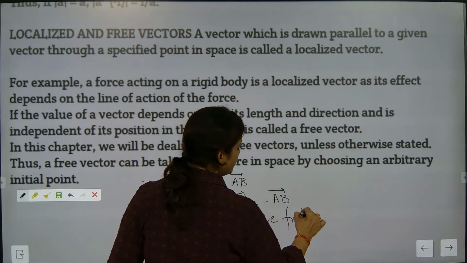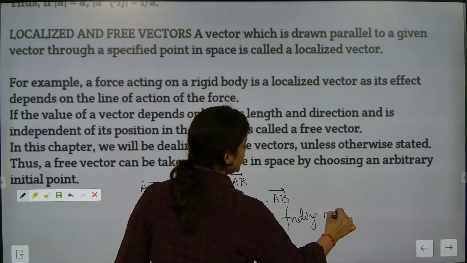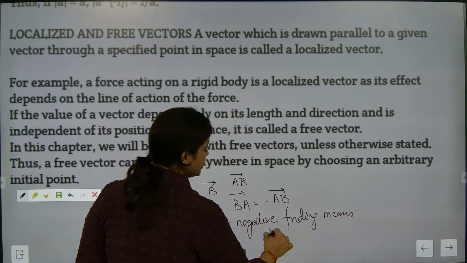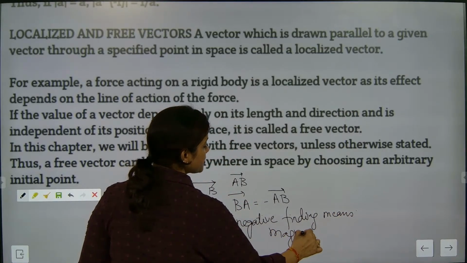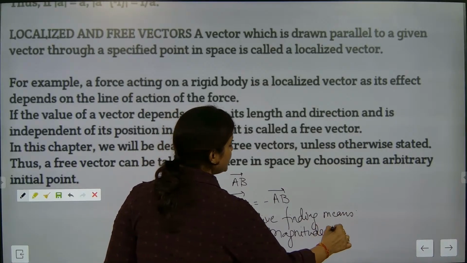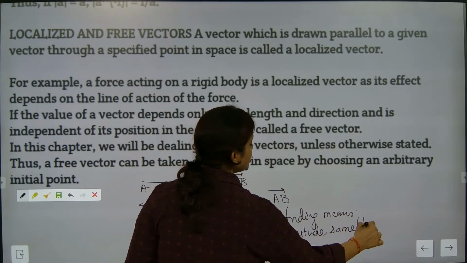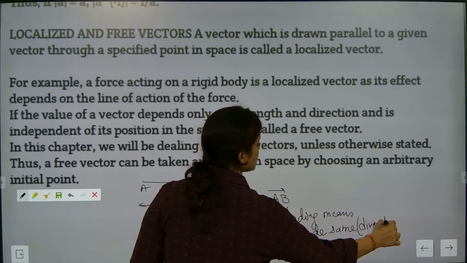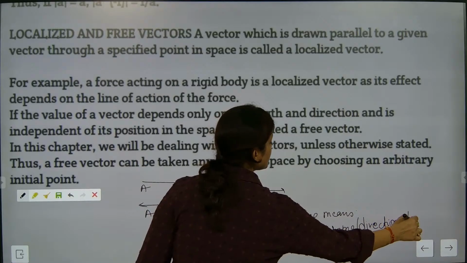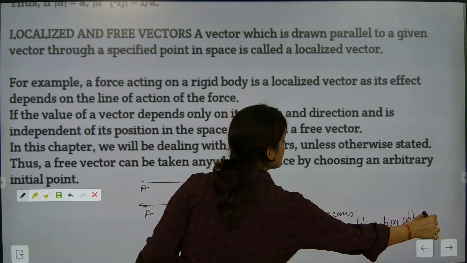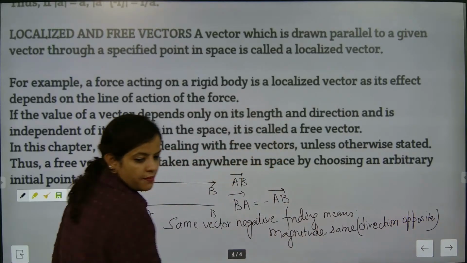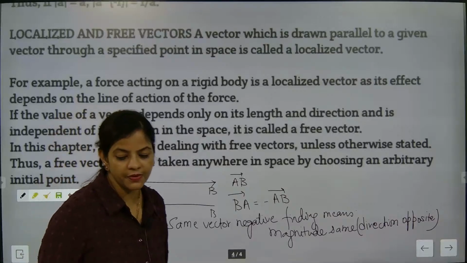Magnitude same, and what is opposite, beta?